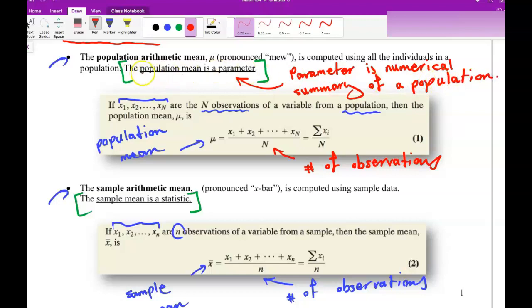Just keep in mind that since population starts with P, we have the same thing here: P and P. Population, parameter.